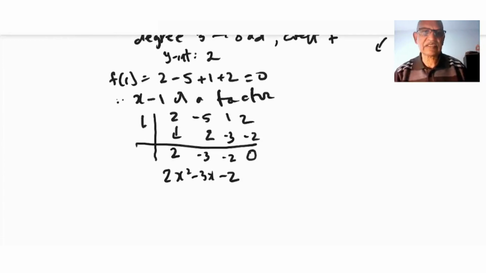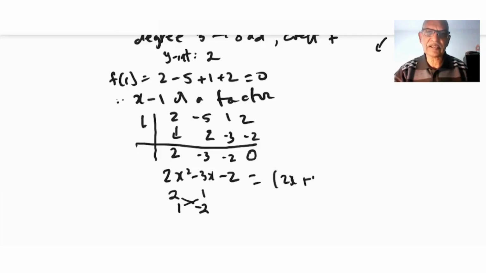When I factor this, I use the tail ender or inspection. By inspection, the factors of 2 are 2 and 1, and this will be 1 and 2. The product is negative, so one of these numbers must be negative. Therefore, this will be negative 2, so that negative 4 plus 1 is negative 3. So this will be equal to 2x plus 1 and x minus 2.